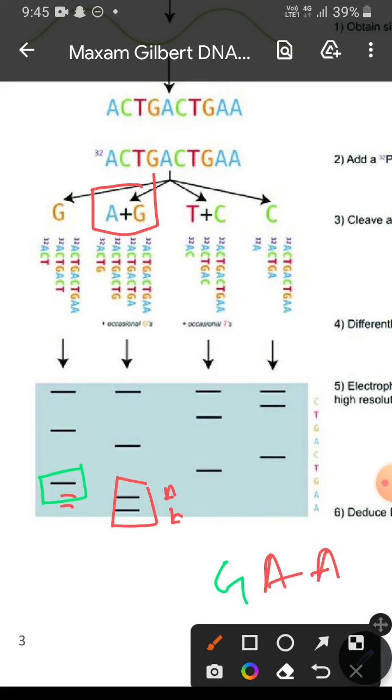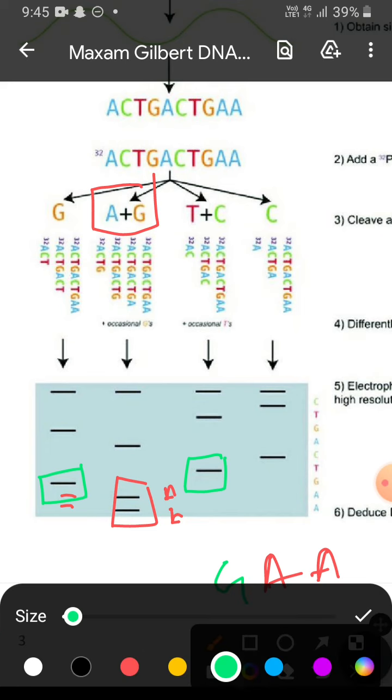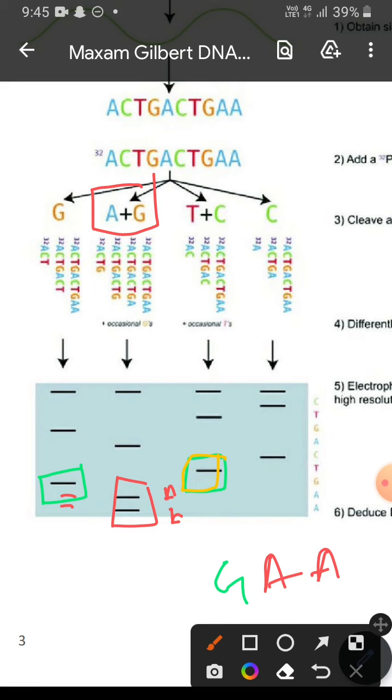Now our next band containing one nucleotide extra is this one, that is present in case of C plus T. As it is present in C plus T but not in C, we can say that it is T. Again let me take another color. This band is present in C but not in C plus T, so we conclude that it is C.